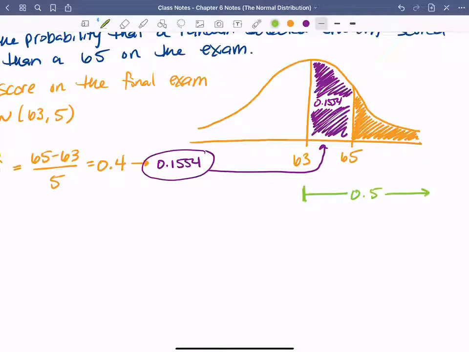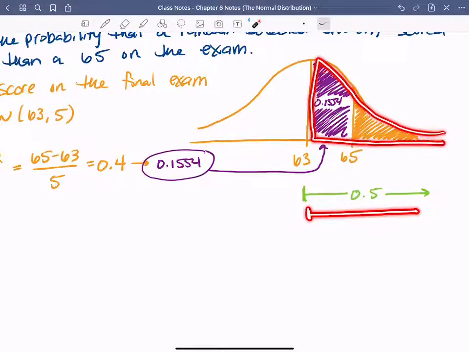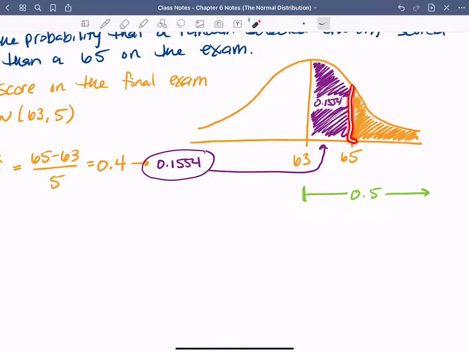And notice that we want this piece. We know this piece. So if we take all of over here, this 0.5 all in here, and we get rid of this, then what are we left with? We're left with our orange shaded region, which is what we want.